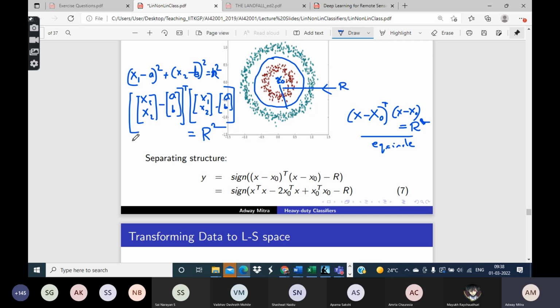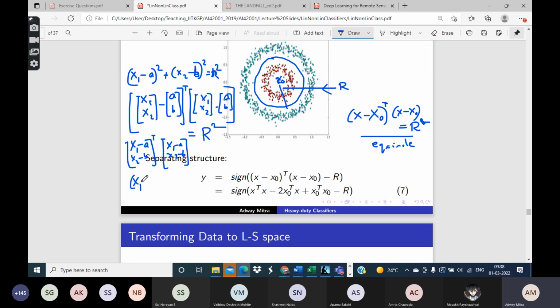So it will be x1 minus a, x2 minus b, this vector transpose x1 minus a, x2 minus b. It's one vector transpose that same vector, so you are taking a dot product of each of the elements.